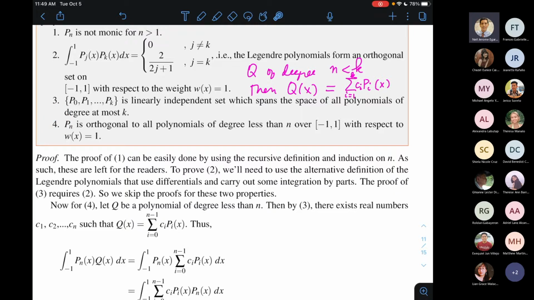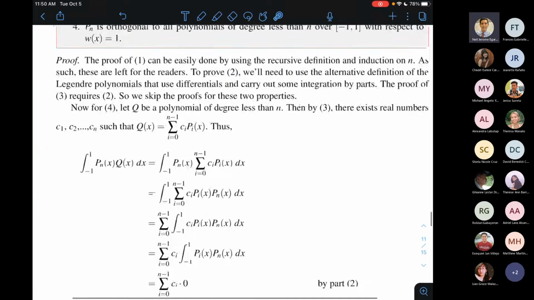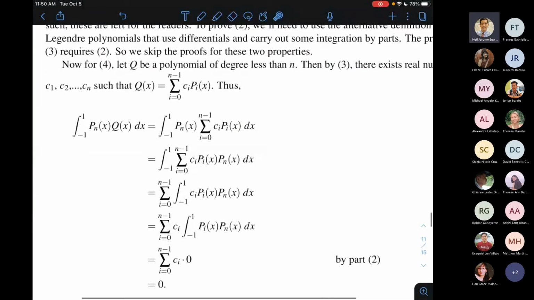Gusto nating ipakita na yung Legendre polynomial of degree n ay orthogonal sa lahat ng polynomials of degree less than n. Okay? So to prove this, edi kumuha tayo ng polynomial q of degree less than n.